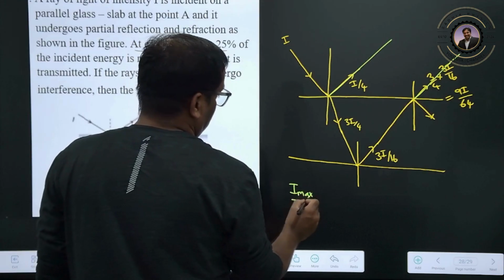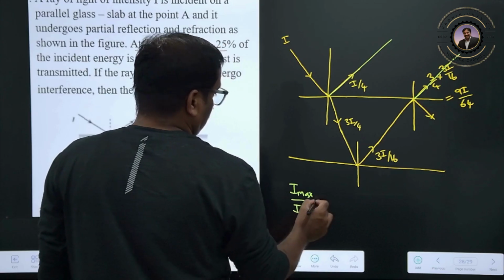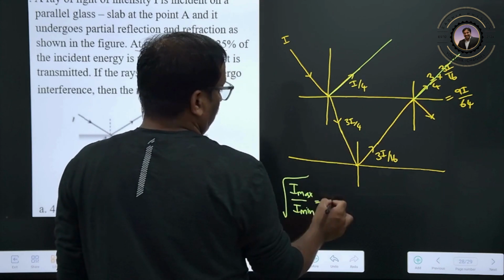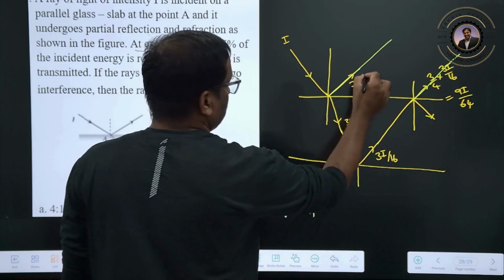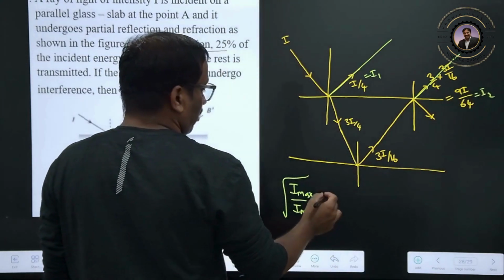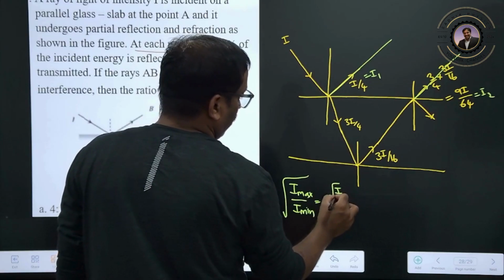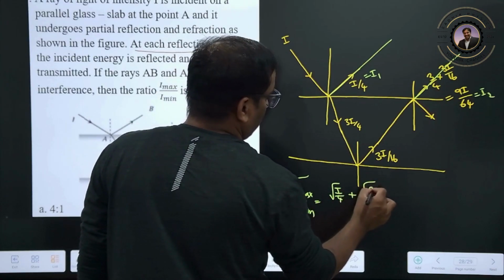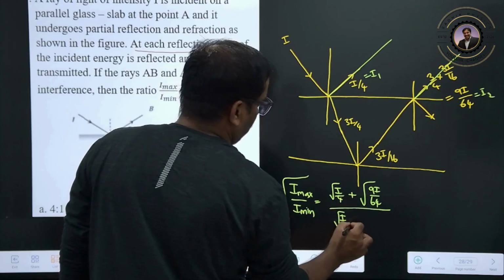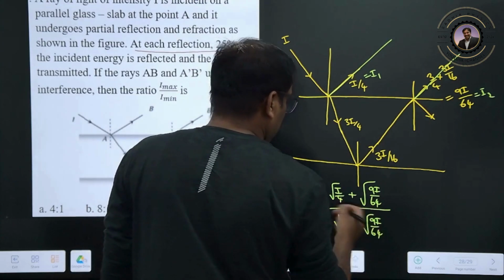Here it is root I1 and root I2. Root I1 means root I by 4, so I max by I minimum is root I by 4 plus root 9I by 64, divided by root I by 4 minus root 9I by 64. Clear?